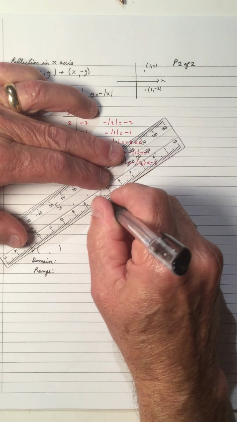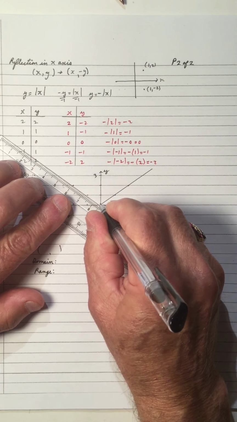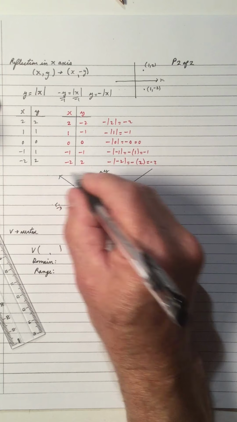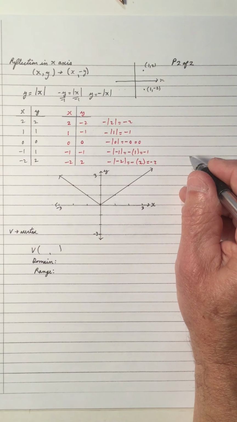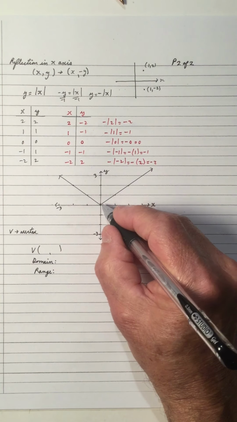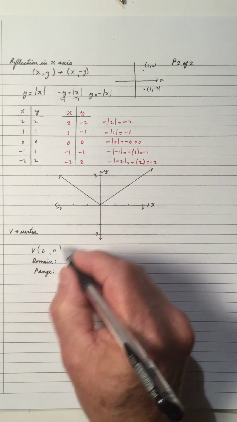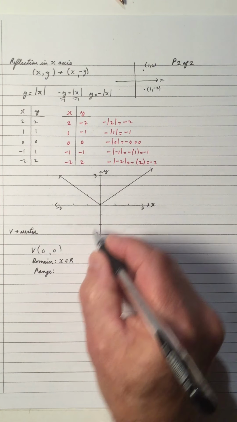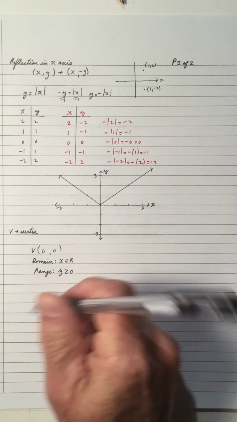So here it is again, memorize it. I have it memorized, I'm just showing you over and over. So when I draw this y equals the absolute value of x, I know it's a V shape. I know the vertex is (0, 0). I know the domain is all the x's, so x belongs to the reals. I know the range is y is greater than or equal to 0.